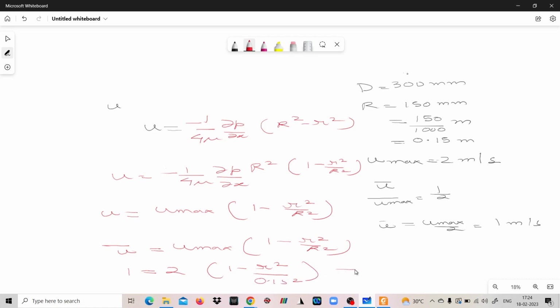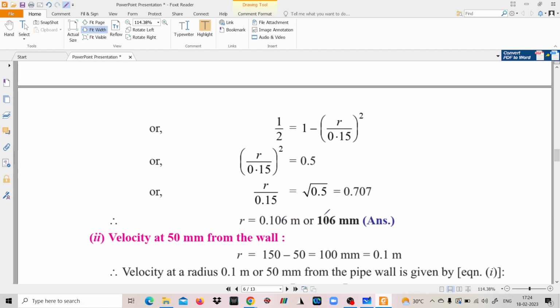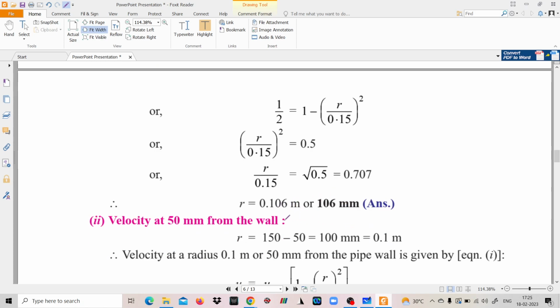Solve this equation and you find the value of r. So the value of r is approximately 106 millimeter or 0.106 meter.